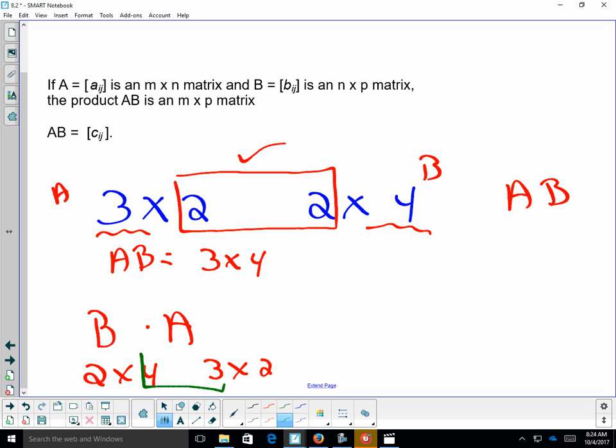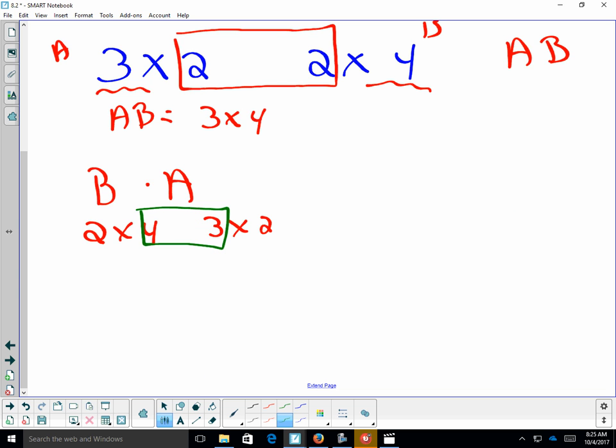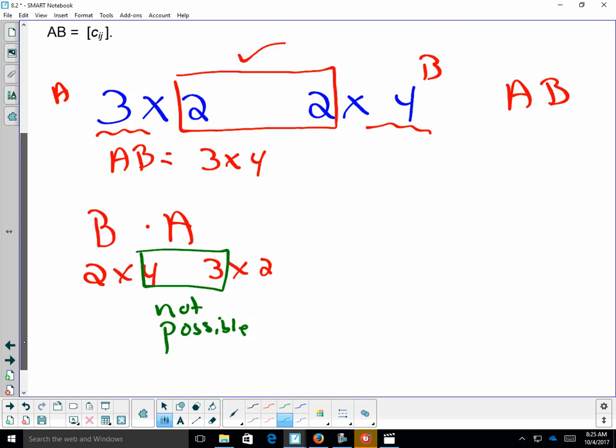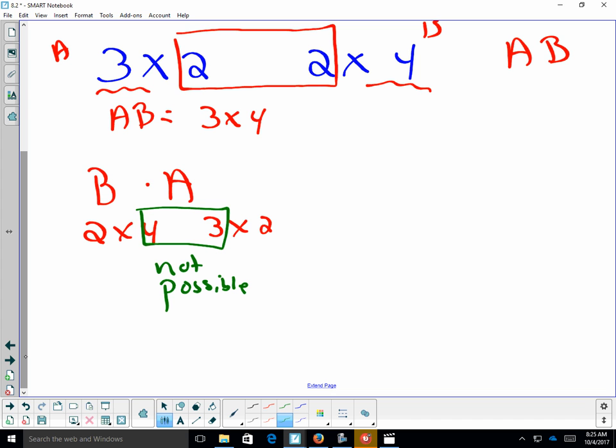These two numbers do not match. If they do not match, it is not possible to multiply those matrices. So the commutative property, or changing the order for multiplication, does not work in matrices. They have to be in a certain order to get a certain product. So I can multiply A times B, that's defined. I cannot multiply B times A, that is not possible, it is undefined.